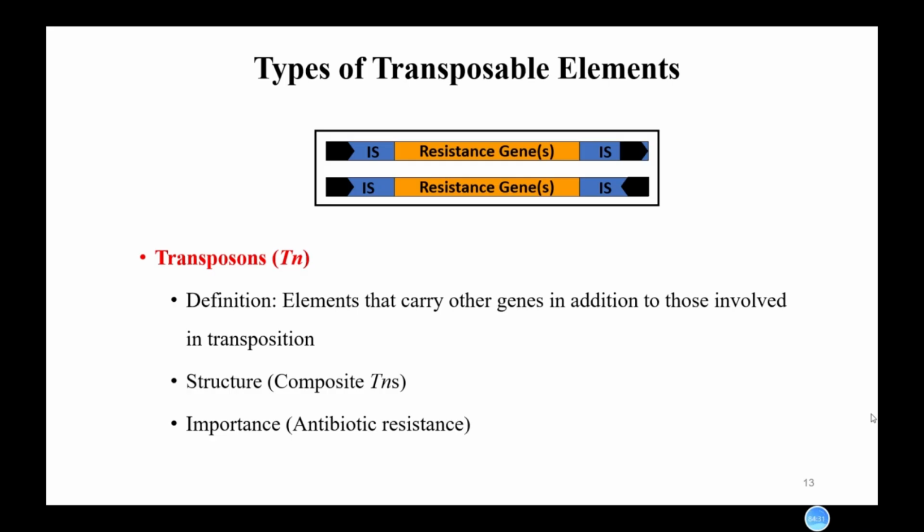That's an element that carries other genes, such as the resistance gene, in addition to those involved in transposition. Currently, scientists have discovered a lot of types of transposons. And because it carries a resistance gene, we can use transposon to make the bacteria antibiotic resistant.